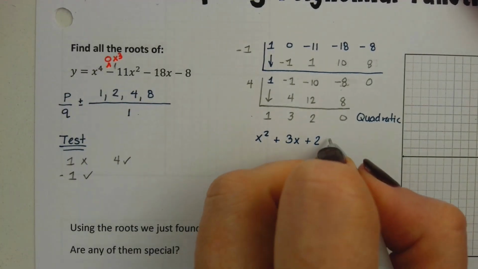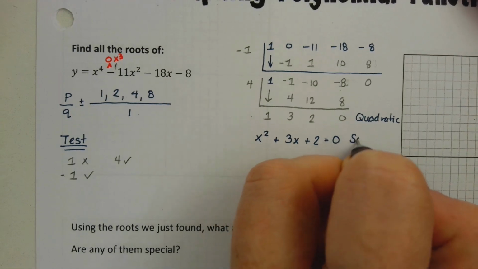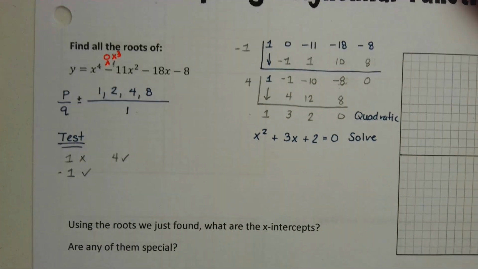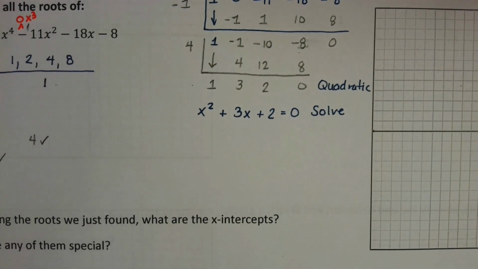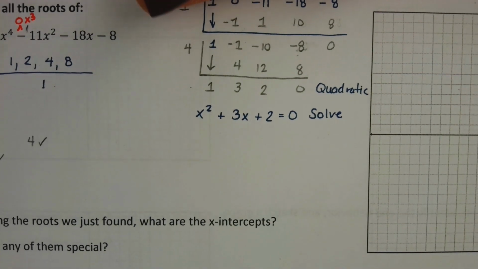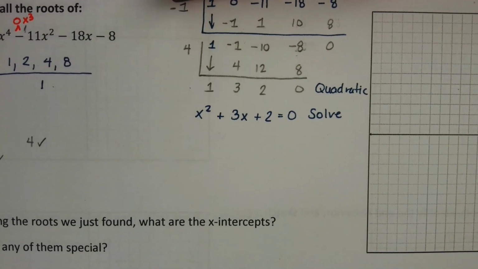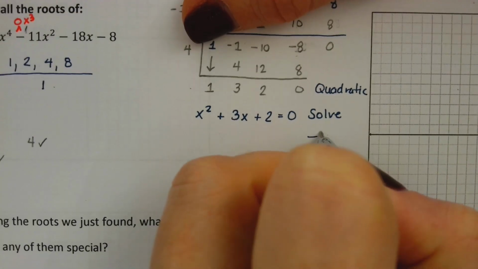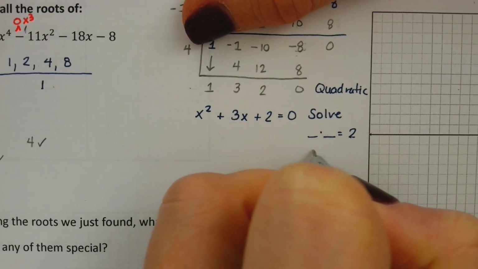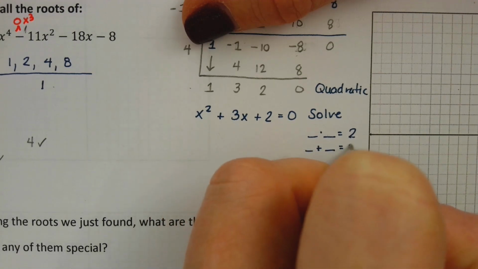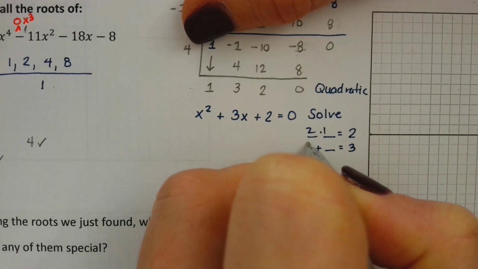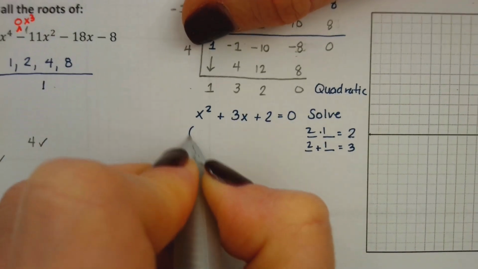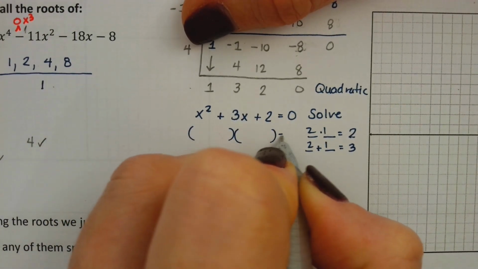So I will need to take this, I'll need to set it equal to 0 so that I can solve it. Does it look factorable? Does it look like we could factor it by solving? Yes or no? Yeah, I say it looks factorable. What 2 numbers multiply to 2 but add to 3? 2 and 1. And remember, for easy factoring, you can put those right in your parentheses.